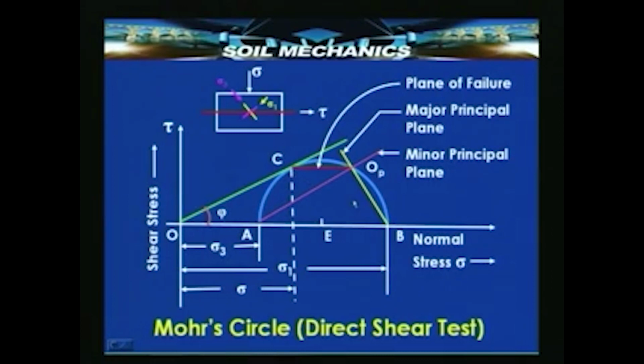Now, from this one can find out the values of cohesion and friction. Being a direct shear test which is drained, where drainage cannot be prevented, we only get an angle of friction phi, and cohesion is 0.